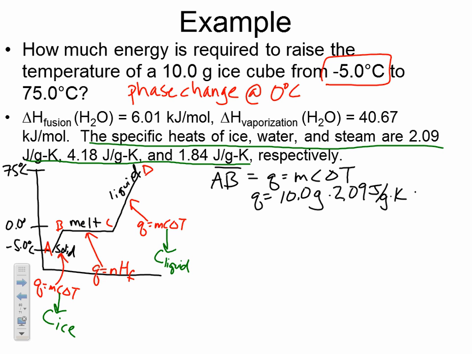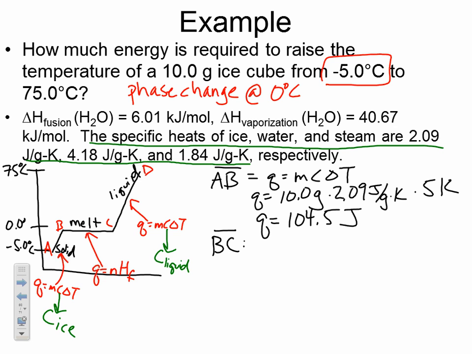It's not the absolute temperatures, it's just how much the temperature changed by. So my delta T is 5 Kelvin. And you just do that math, and you get a Q value of 104.5 joules. So 104.5 joules is required to go from point A to point B in the heating curve.